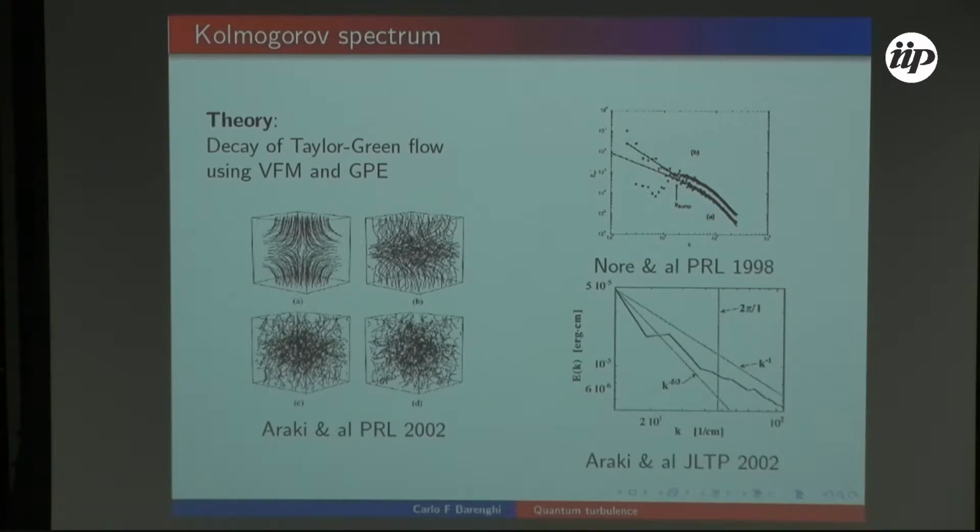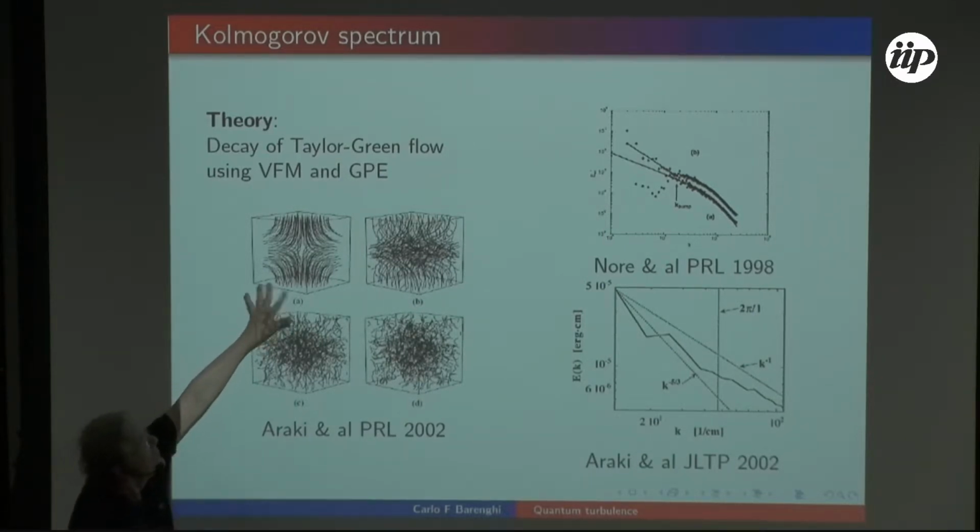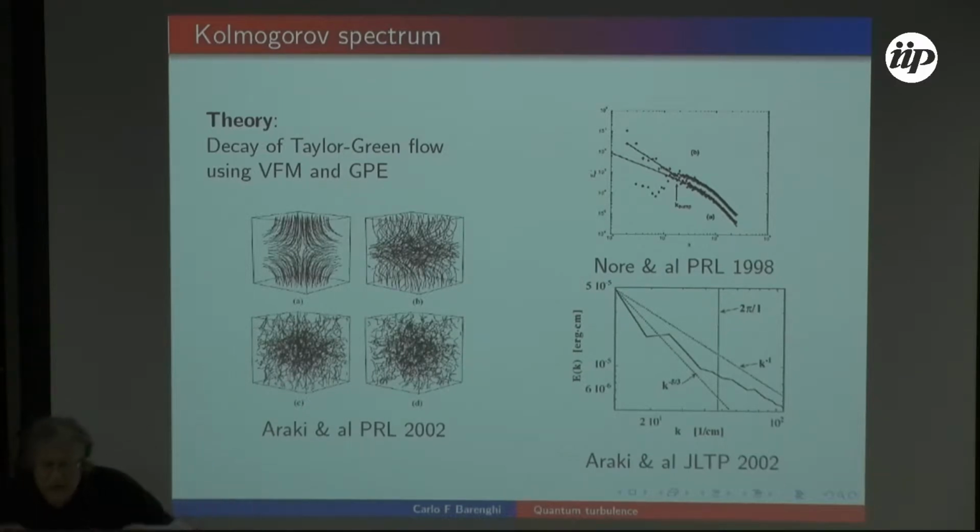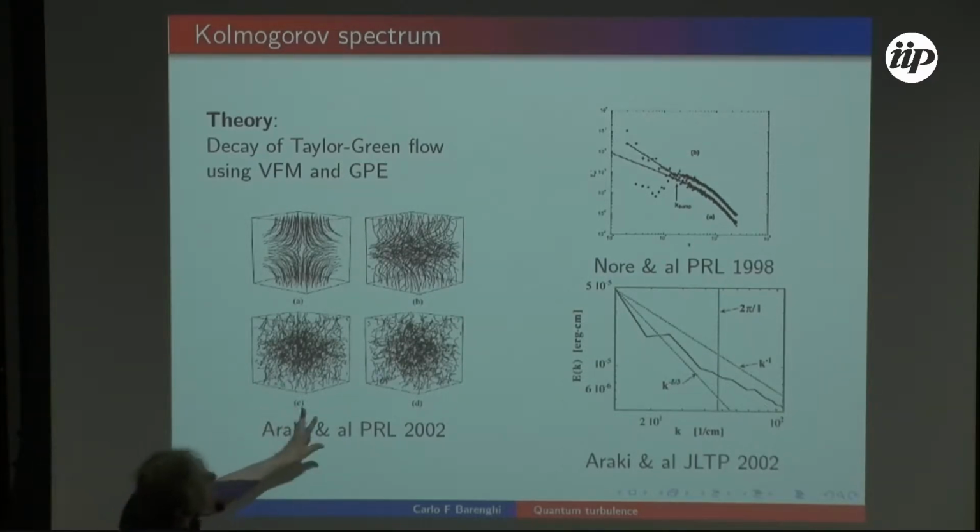So the calculation is a decaying state of turbulence starting from some large-scale flow, which was chosen to be some Taylor-Green flow, having this shape from the point of view of vortices, which decays. And during the decay, the interaction of the eddies, represented by many vortices, created this regime, which is the Kolmogorov regime. So I have similar pictures.